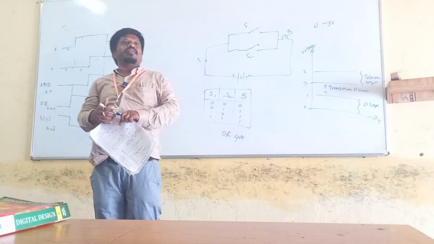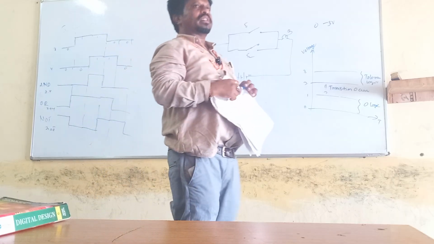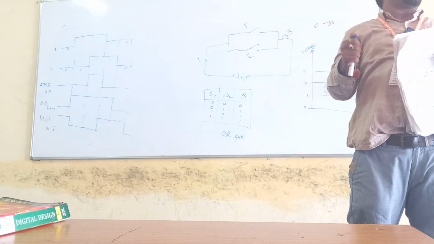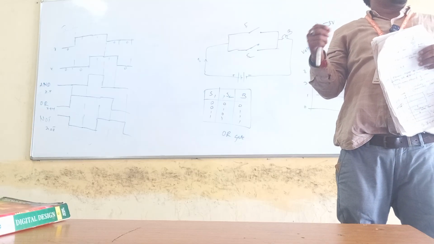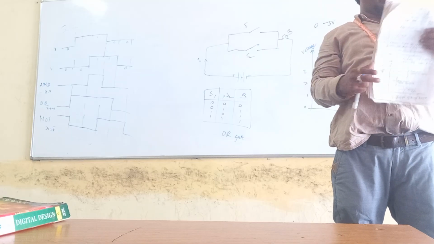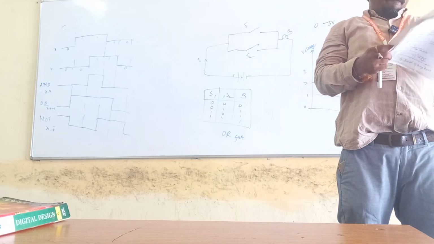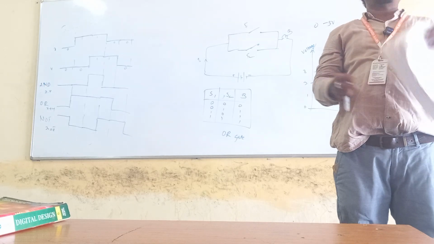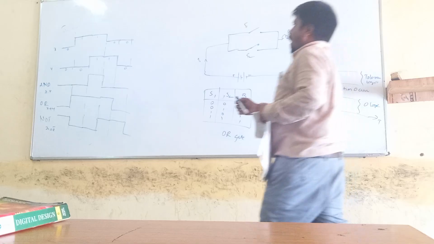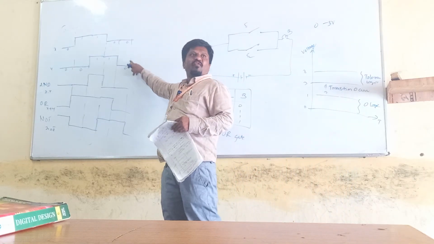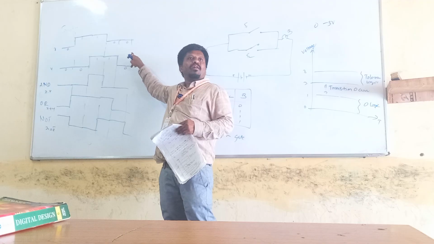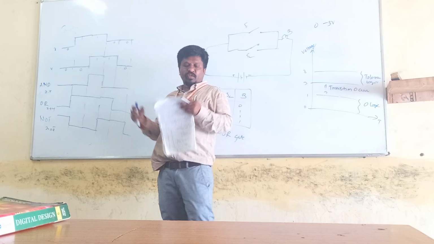It means we are applying signals considered to be binary variables. A variable can have two states, either 0 or 1. For the low level, I consider it logic 0, and for the high level, I consider it logic 1.